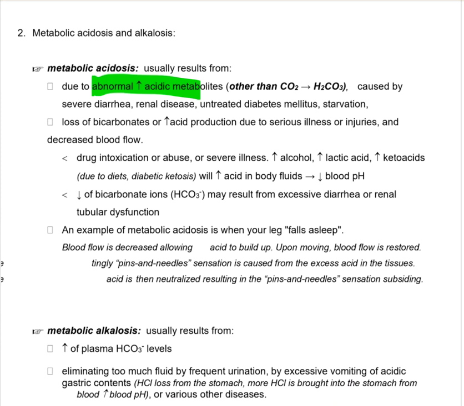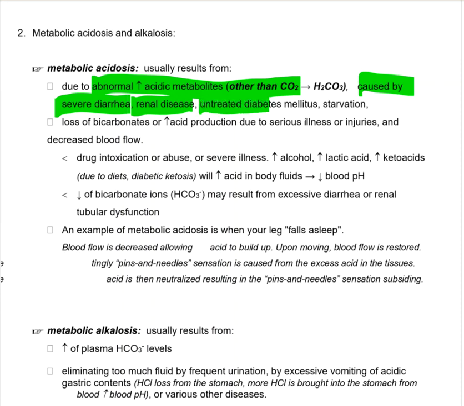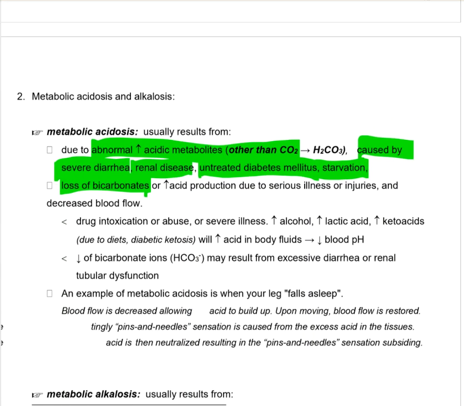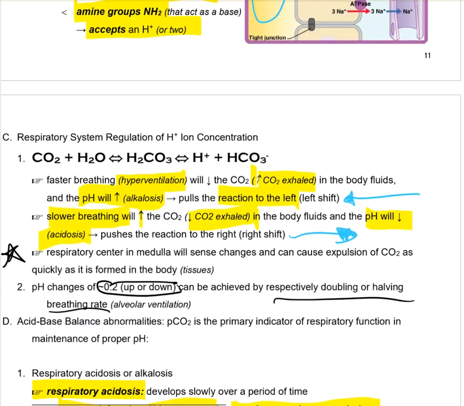These can be caused by severe diarrhea, by renal disease, not getting rid of acidic metabolites, untreated diabetes mellitus, especially type 1, starvation. We can also not have enough bicarb, right? If we're low on bicarb, we can't grab onto this and run the equation in that direction, so this accumulates, all right?